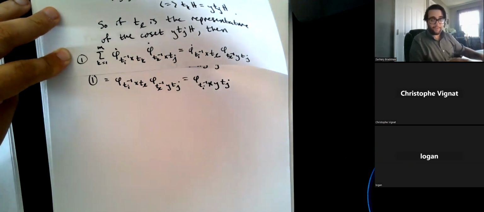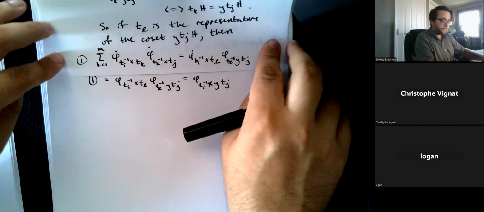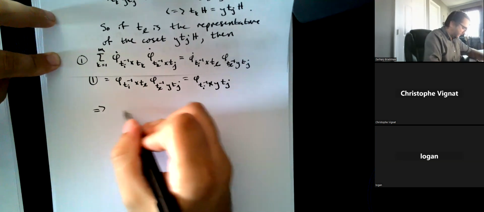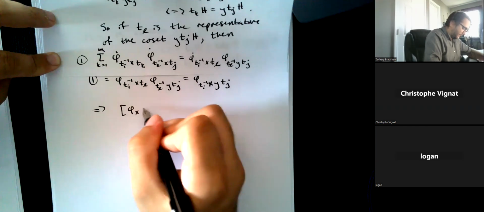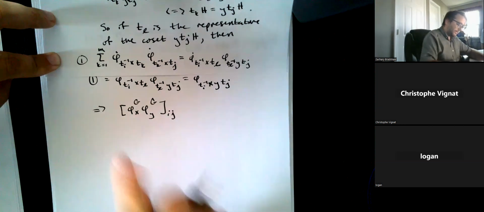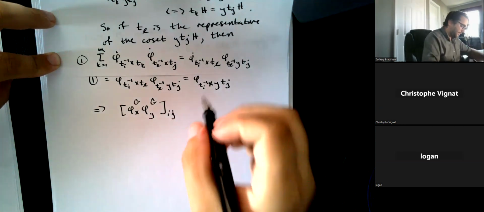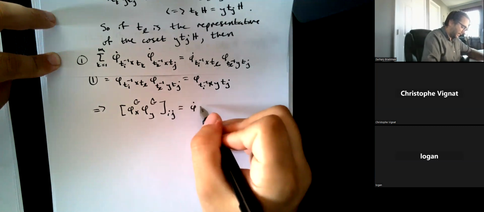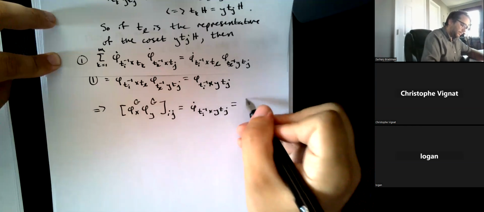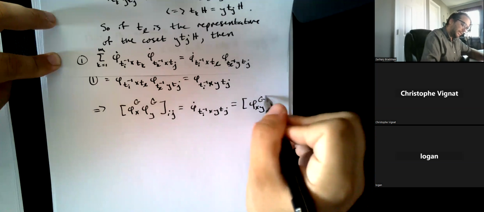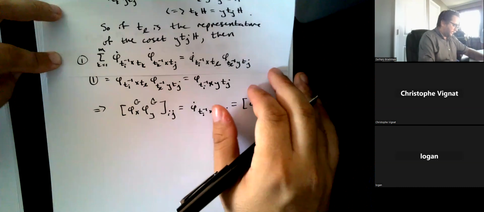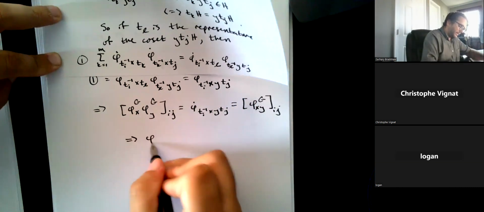So this is because phi is a representation, which is a homomorphism. And so that implies that phi^G(x) phi^G(y), ij, the product of the induced representations, is in fact phi dot (t_i inverse x y t_j), which is equal to phi^G(xy)_ij. Okay, and so that implies that phi^G is a representation.